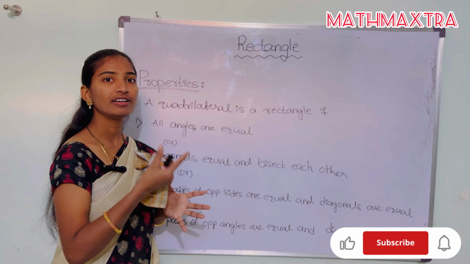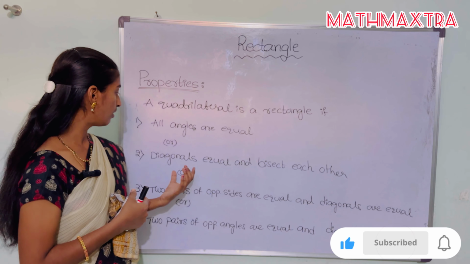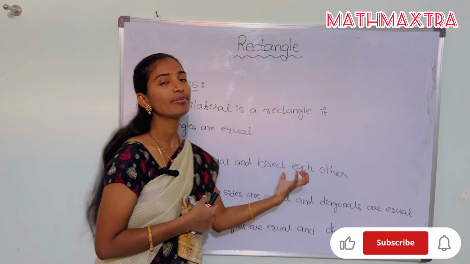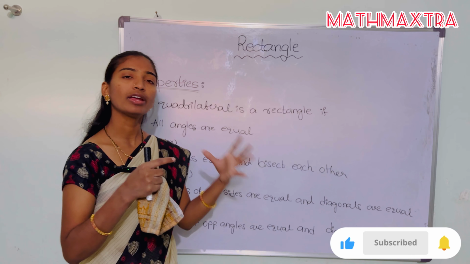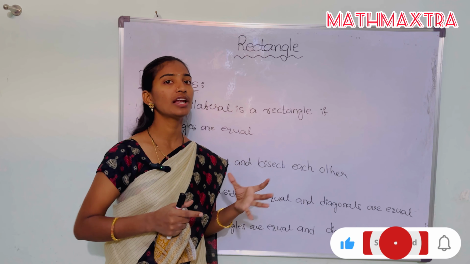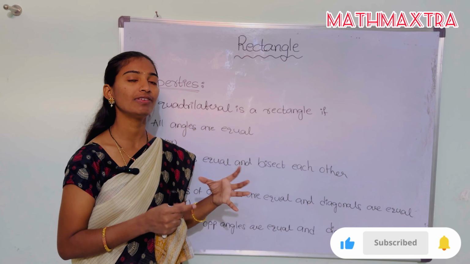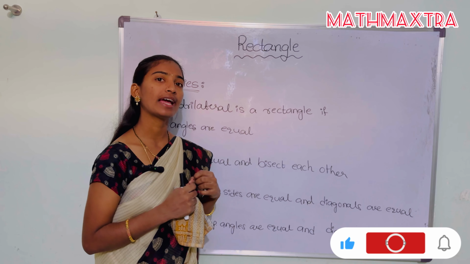So automatically it will become a rectangle. Or if the diagonals are equal and bisect each other, if the given statement is that the diagonals are equal and bisect each other, then also you should identify that the given quadrilateral is a rectangle.